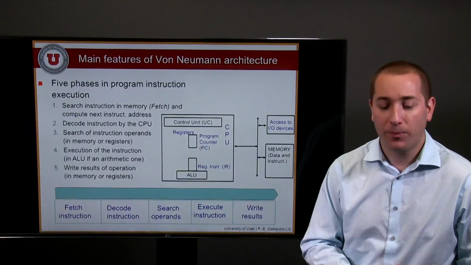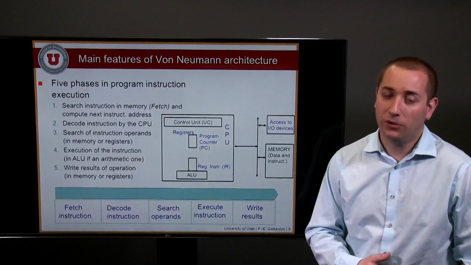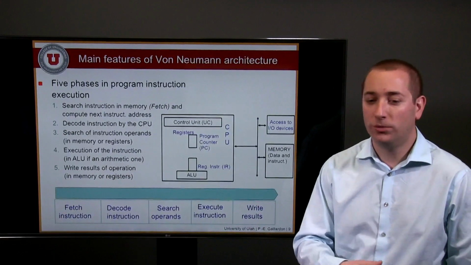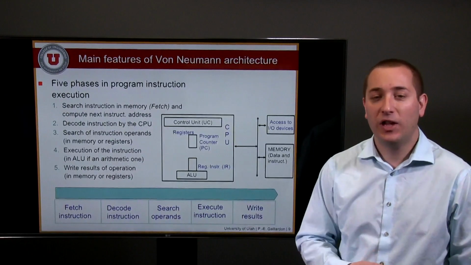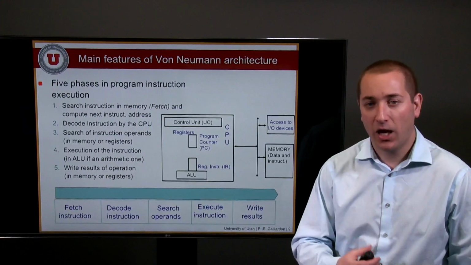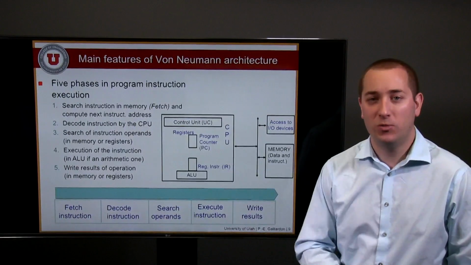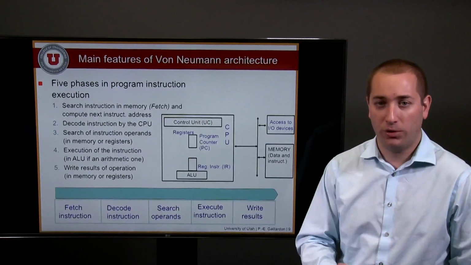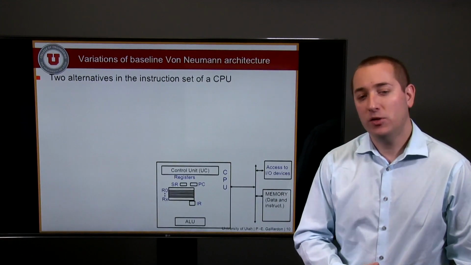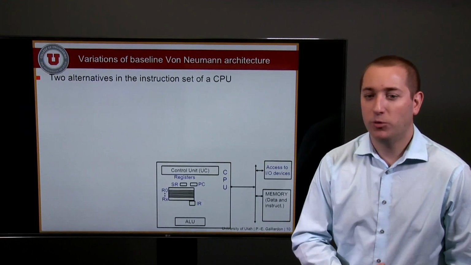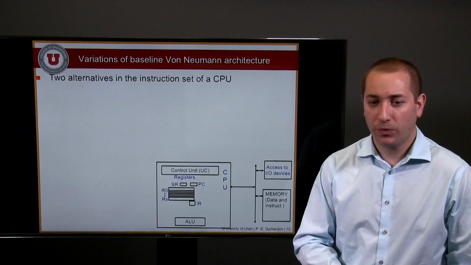And the final step is to write back the results into your memory or a register. These 5 steps are very important, and they will always be used like that in von Neumann microprocessors.